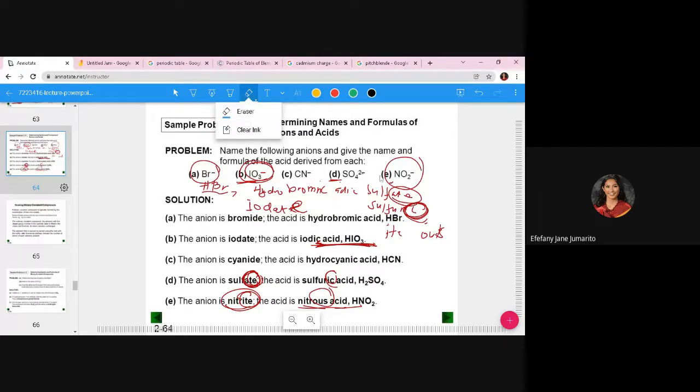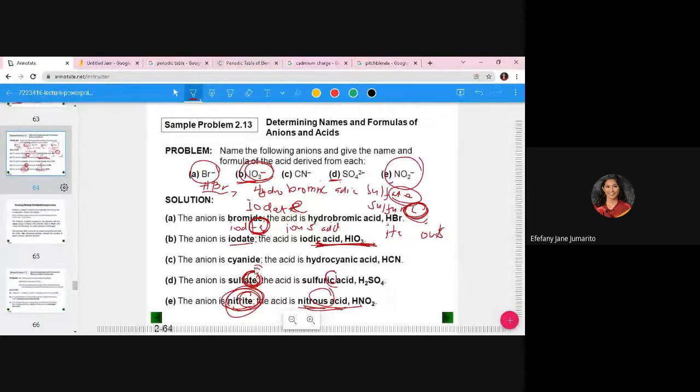Okay, questions? Kenny, letter B is iodate. If it ends in ITE, what you do is change it to OUS, so it becomes iodous acid, just like nitrite, nitrous acid.